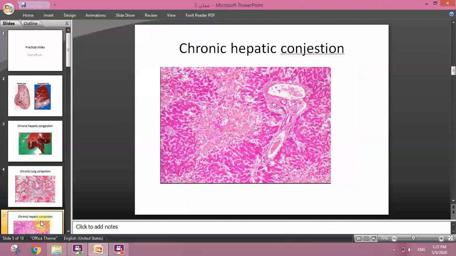This is a microscopic picture of chronic hepatic congestion, as we mentioned in the lecture. Grossly the liver appears mottled. Microscopically, this is the central vein, and the area immediately adjacent to the central vein appears light pink, which is necrotic.